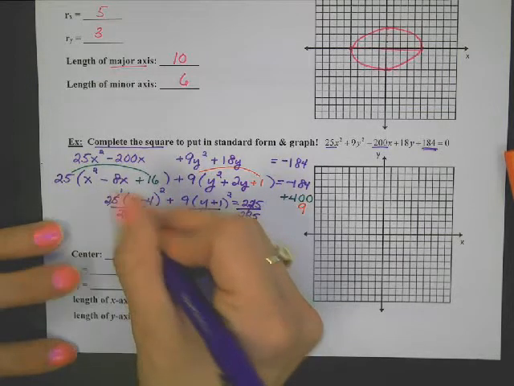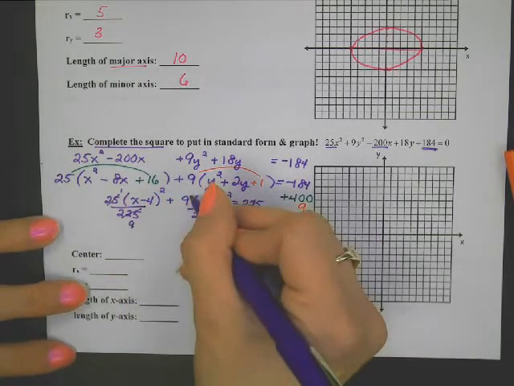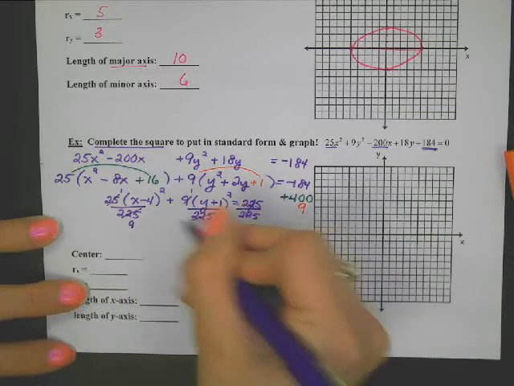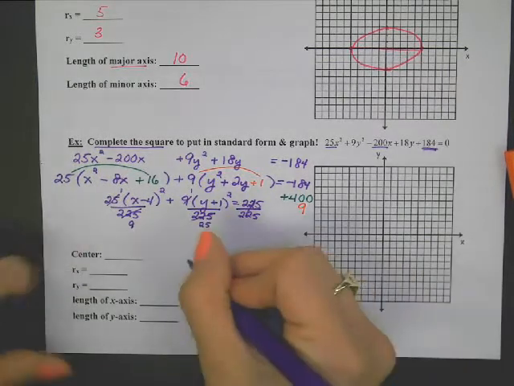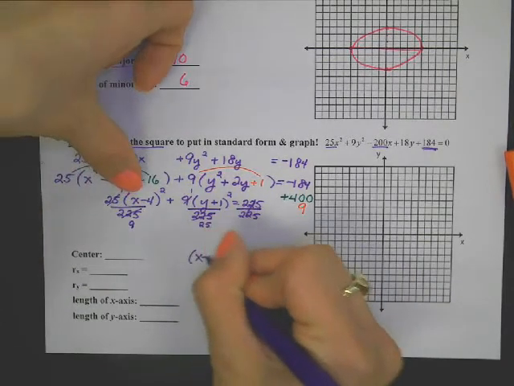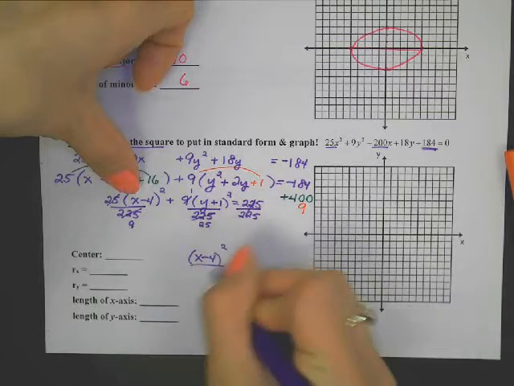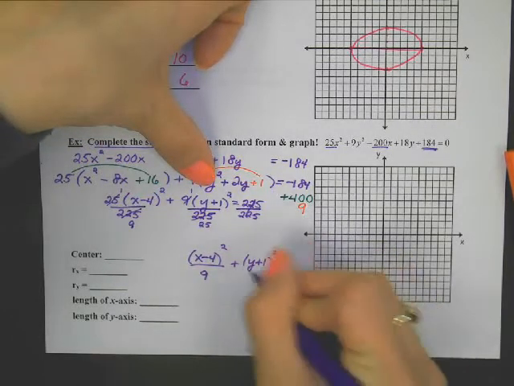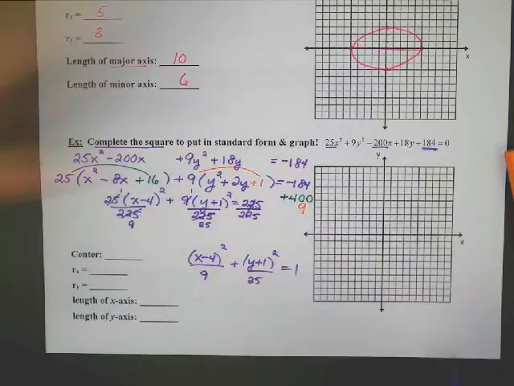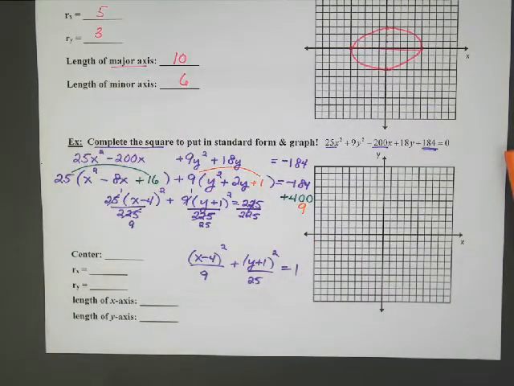Okay, make sure you put the 9 in the bottom. 9, oh, look at that, does go into 225, and I know it goes in 25 times. So the simplified standard form here would be x minus 4 quantity squared over 9 plus y plus 1 quantity squared over 25, and that equals 1.